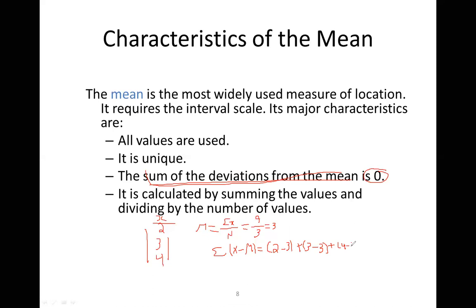That is negative 1, 0, and positive 1. So in general it equals 0, and that's a general rule: the sum of the deviations from the mean for any variable values will be equal to 0.